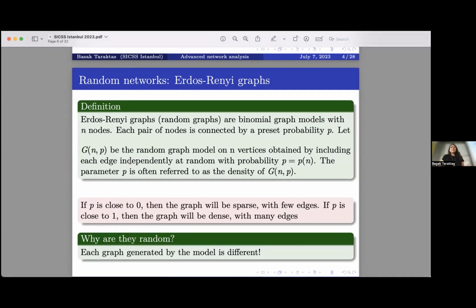So if you have a P, which is the probability of tie formation, that is close to 0, then you will have a sparse graph. That means the probability of a tie forming between a pair of nodes is very small, right? If it grows, then you're going to have a dense graph. Like if it becomes close to 1, it's almost certain that you will have a connection between a pair of nodes, right?